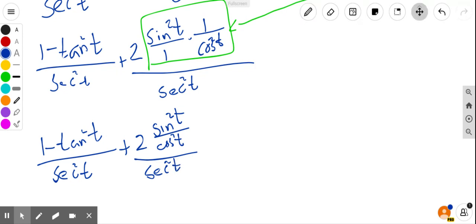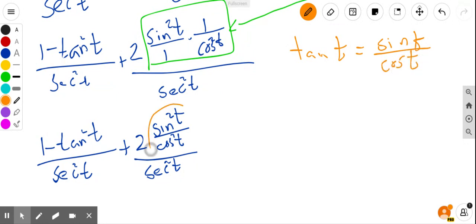All right. I know according to the quotient identity, tangent is equal to sine divided by cosine. So I can replace this with a tangent squared.